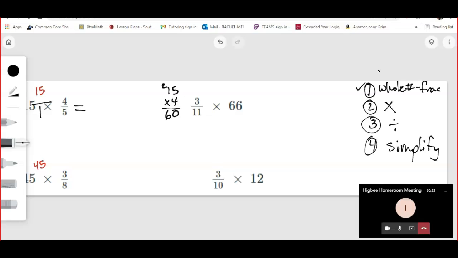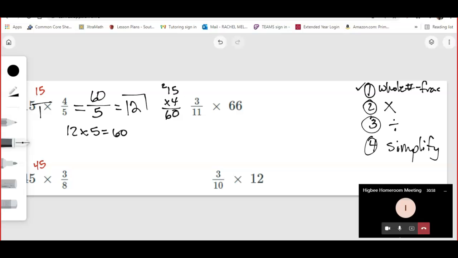Okay, so 15 times 4 is 60. Okay. What's 1 times 5, everybody? 5. Okay. Now, what's 60 divided by 5? 12. Right? Because 12 times 5 is 60, correct?